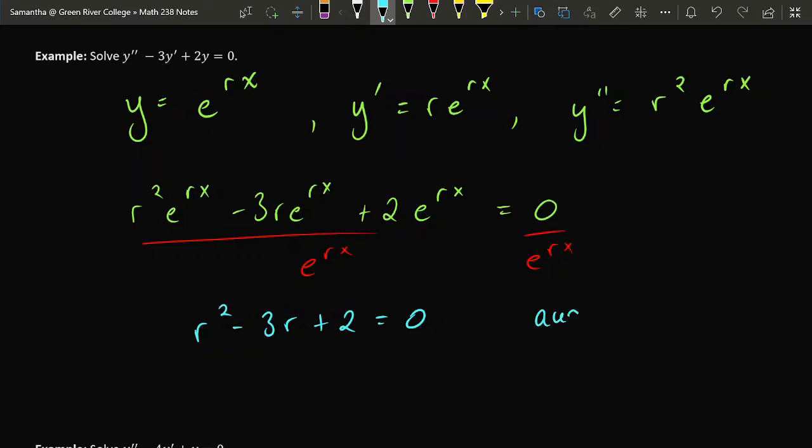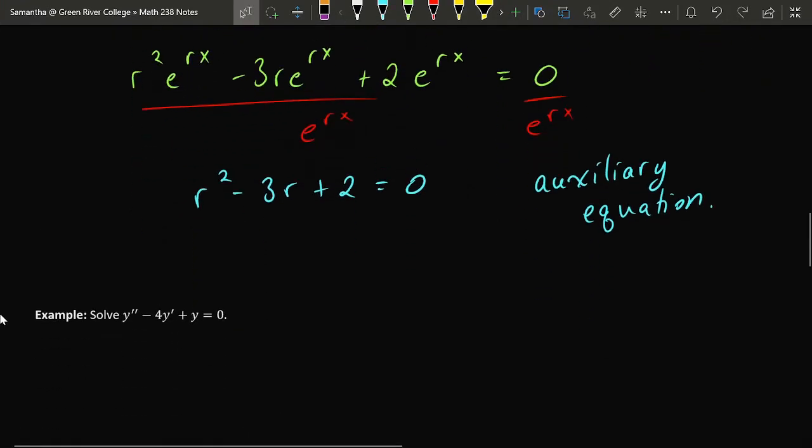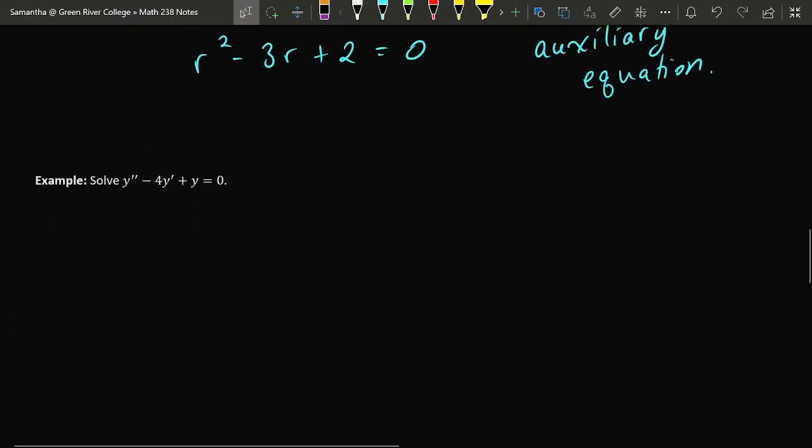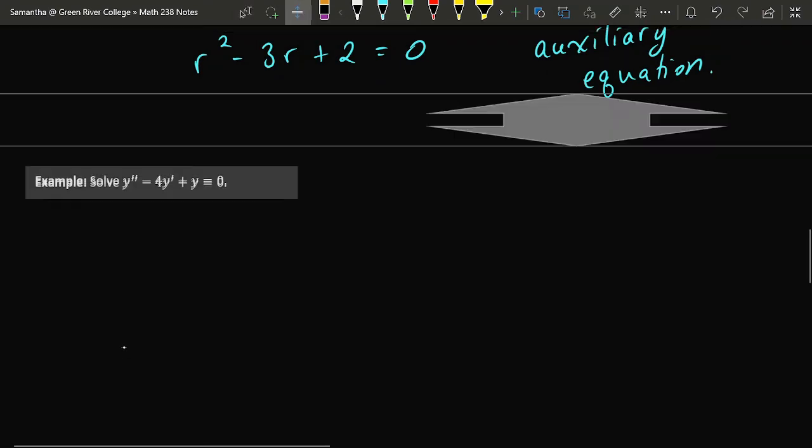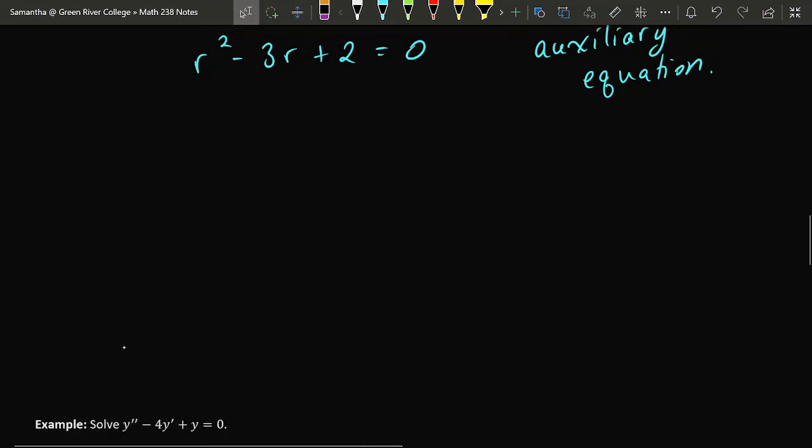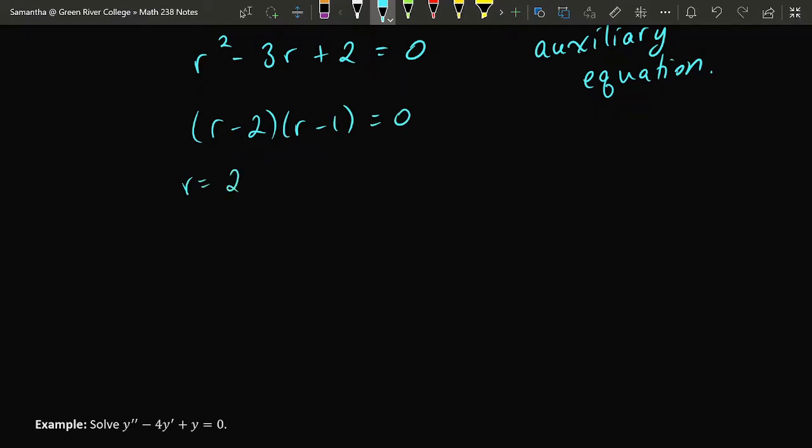This is our auxiliary equation. This is the polynomial which contains just the variable r that we can solve for r. This one's simple enough that we can actually solve by factoring, it looks like. It looks like r is either equal to positive 2 or r is equal to positive 1.